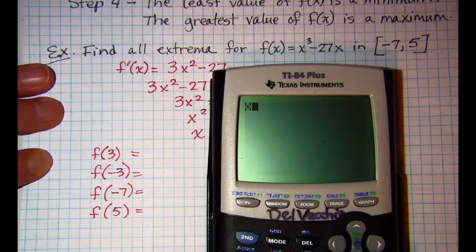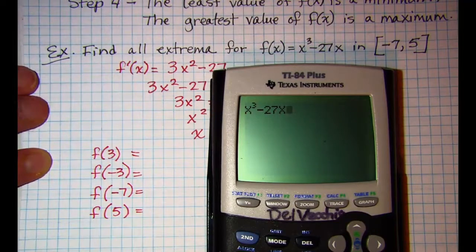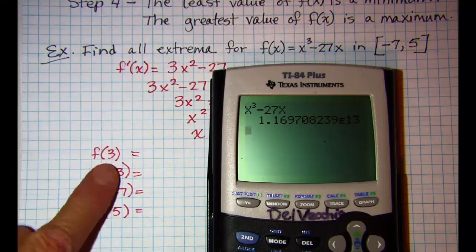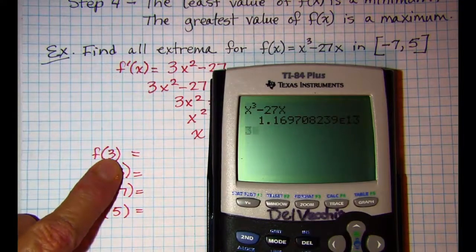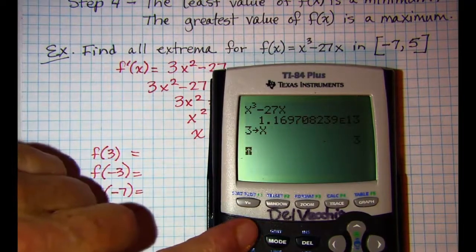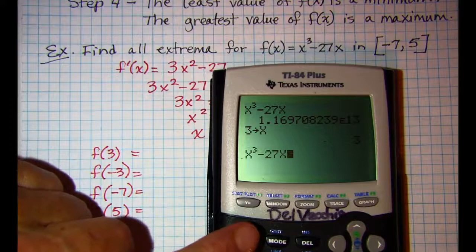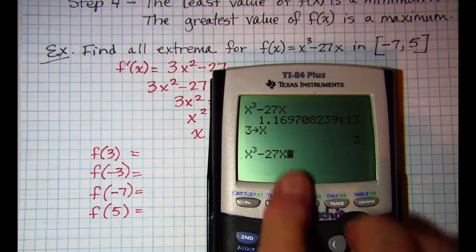So we have x cubed minus 27x. And then I'm going to press enter, and I don't know what number will pop up, but let's store 3 into x, so 3 store x, and then second enter, and that brings our function back up.